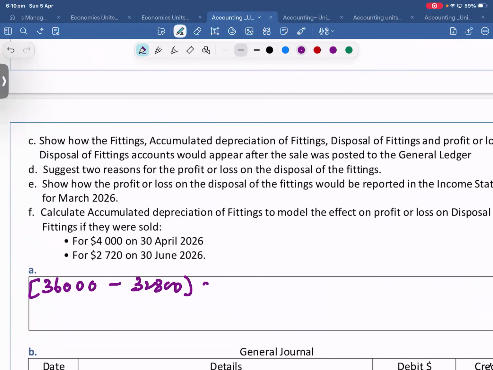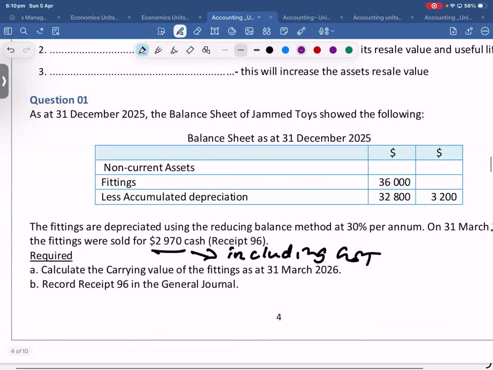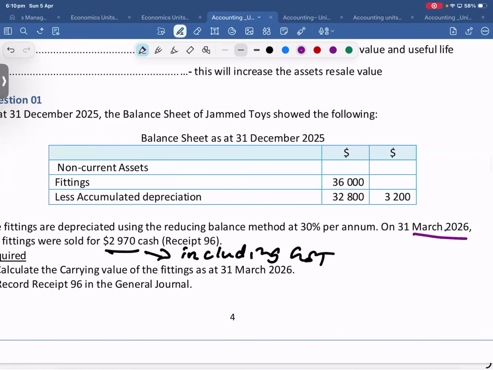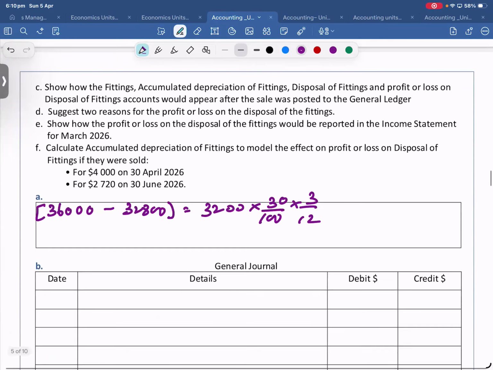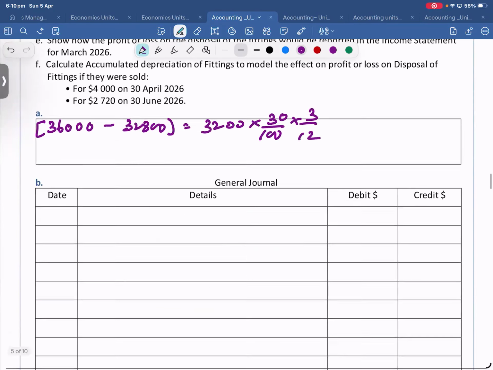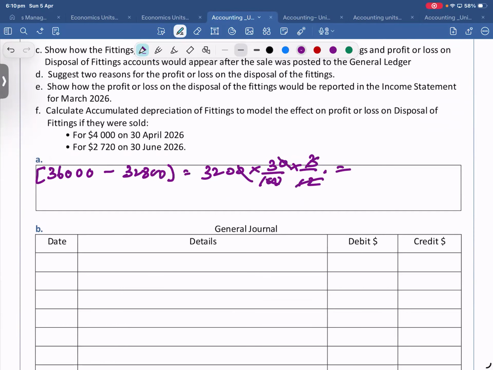This one is times by 30/100 times by 3/12. Why 3/12? Because it's 3 months. This is sold on 31st March 26. Which we are getting 240.